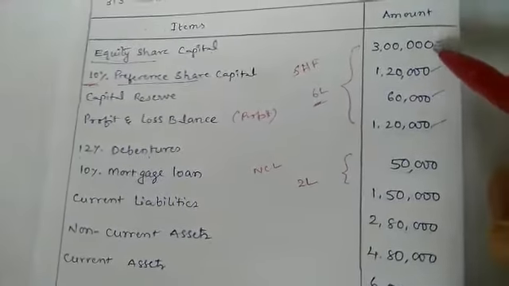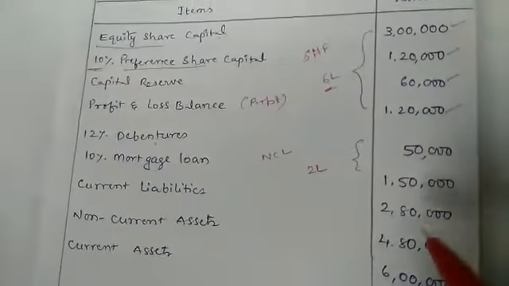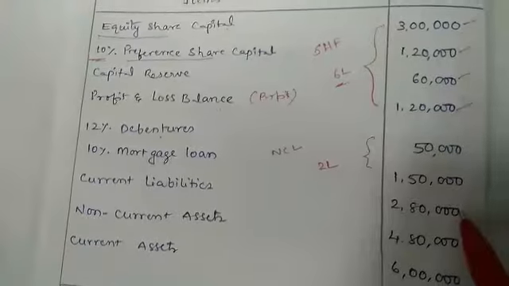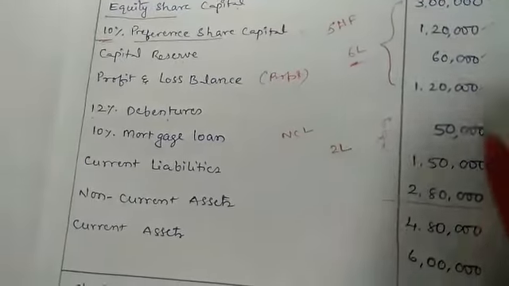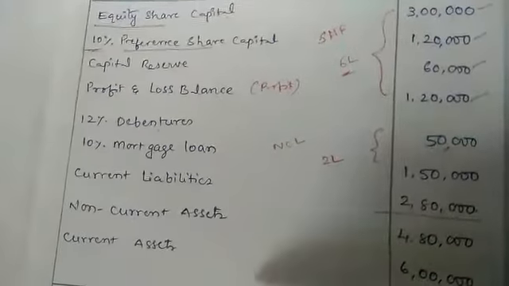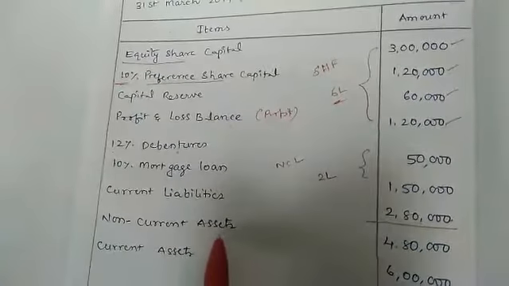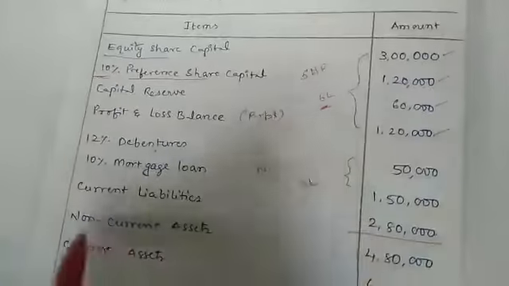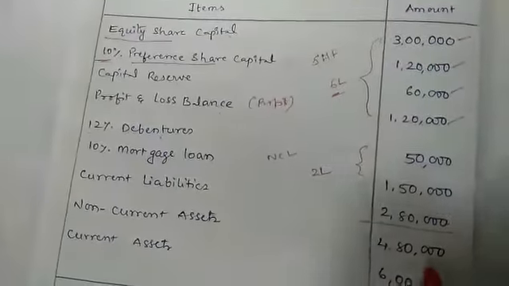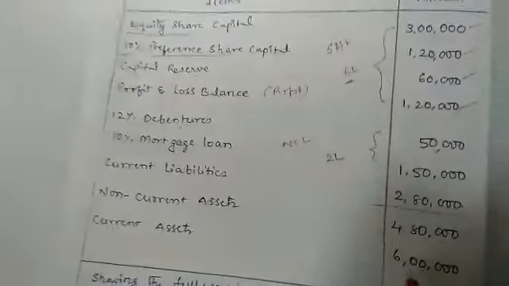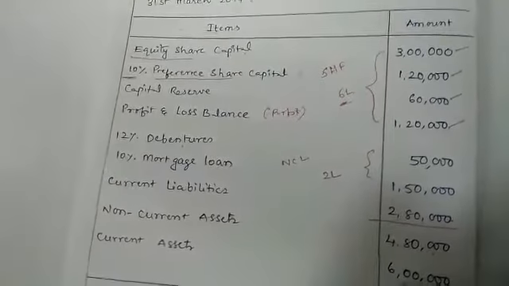From this 3 lakhs up to 2,80,000, all these come under the liabilities. Next, non-current assets. This is the asset side item. Non-current assets are showing 4,80,000 and current assets are showing 6 lakhs. So this information is available.